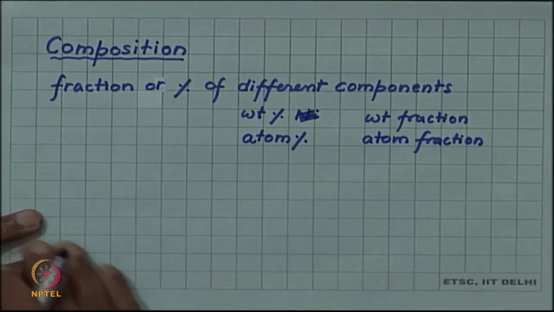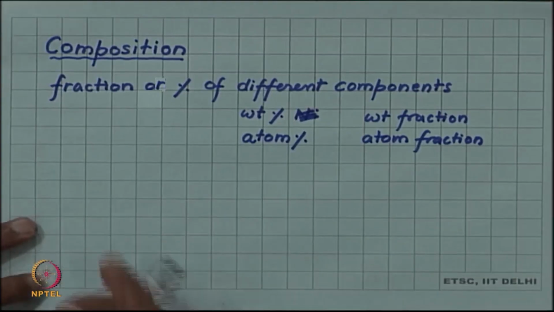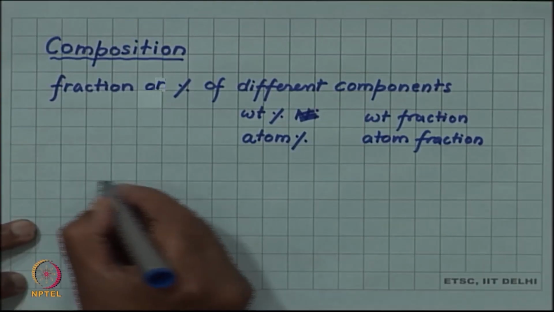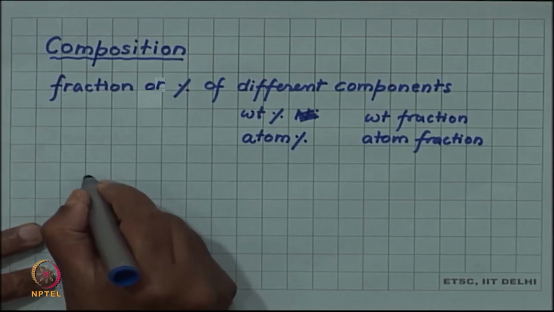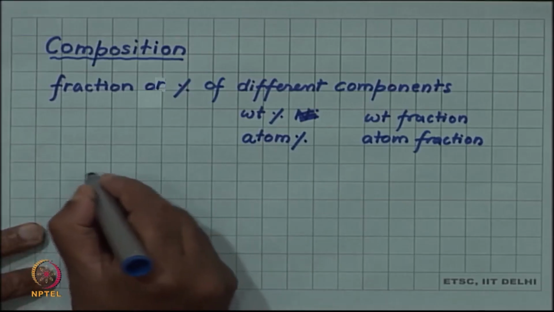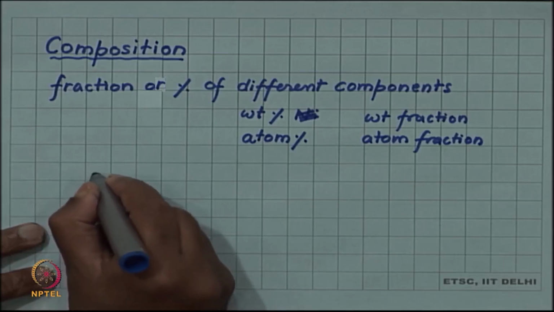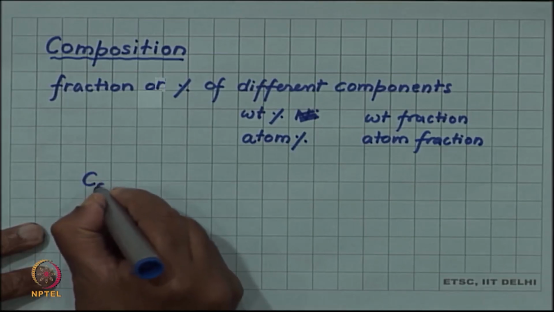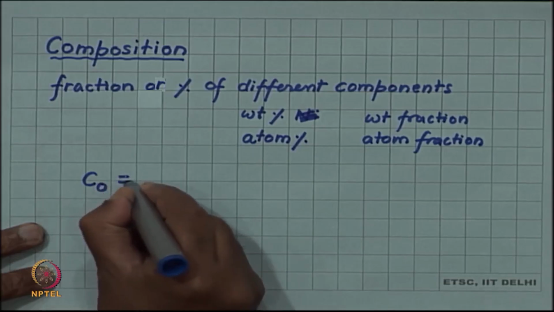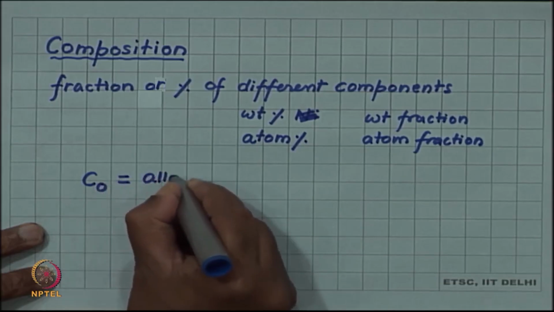And also it is important to distinguish, sometimes for a beginning student this creates some confusion, that there are two kinds of composition which we are talking about. One is usually designated as C0, and this is the alloy composition.